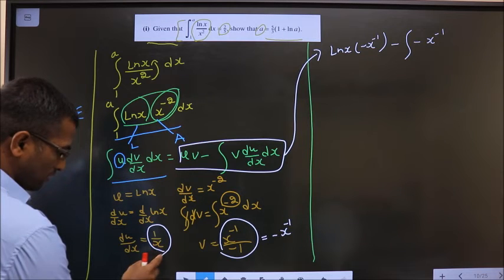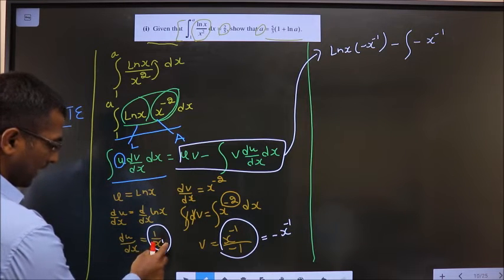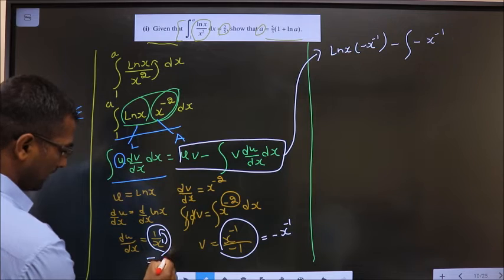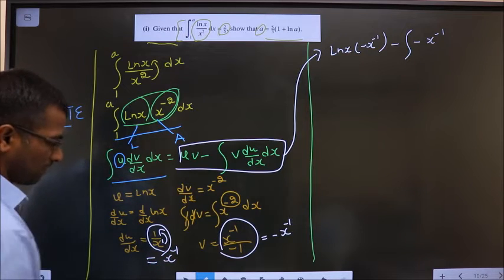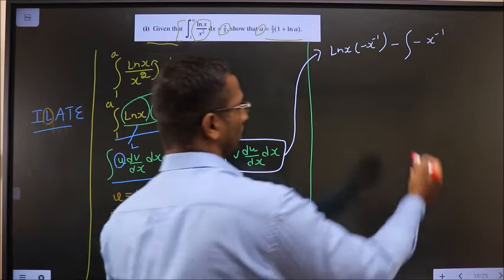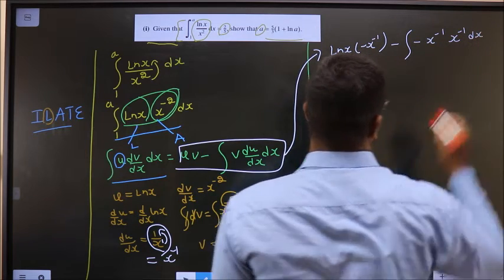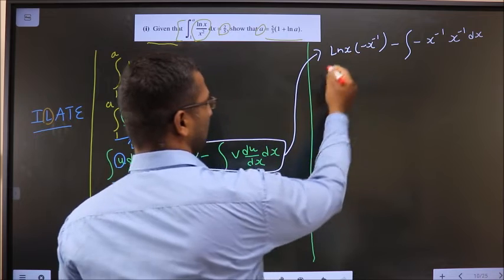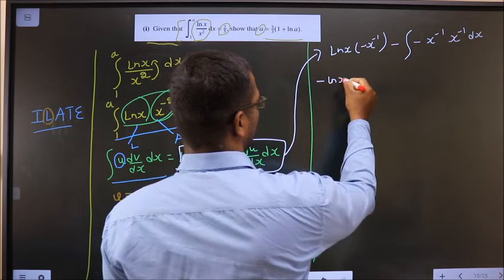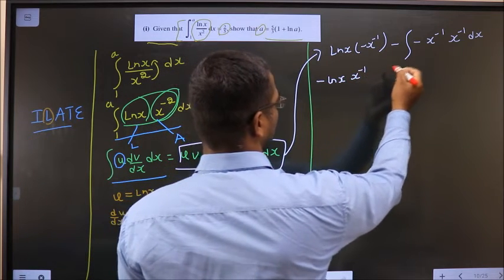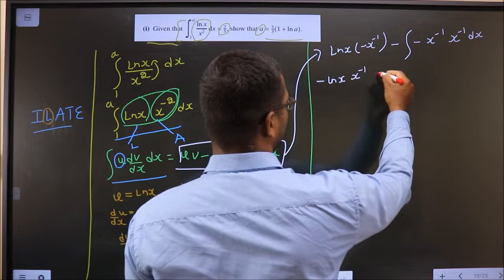If I simplify this also, I take x power 1 to the top, it will become x power minus 1 dx. Now this will become minus ln x x power minus 1. This minus will come out, making it plus.